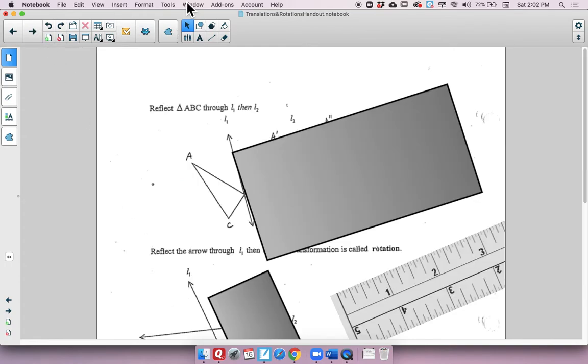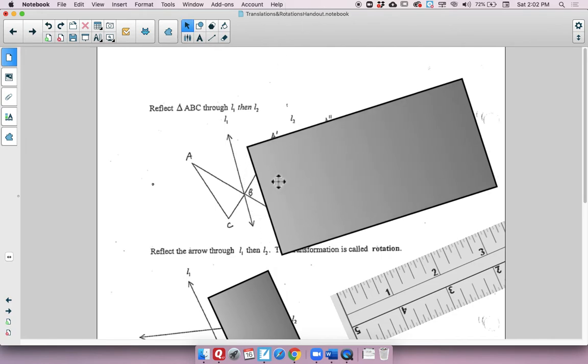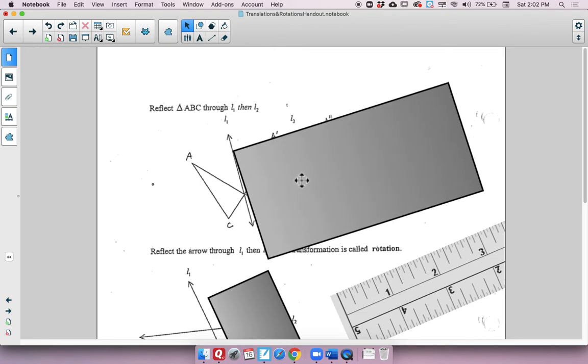All right. Now, your turn. I want you to reflect triangle ABC through L1, then L2. And notice how B is actually a point that's right on our axis of symmetry, our line of reflection. Okay, so go ahead and try that.